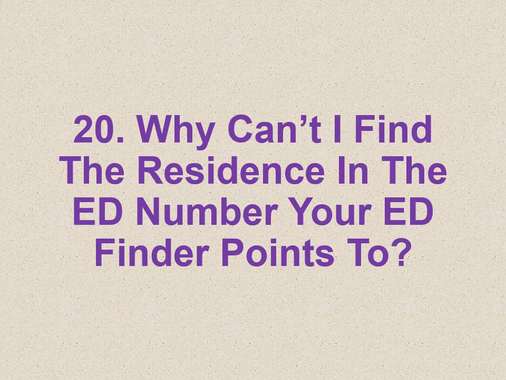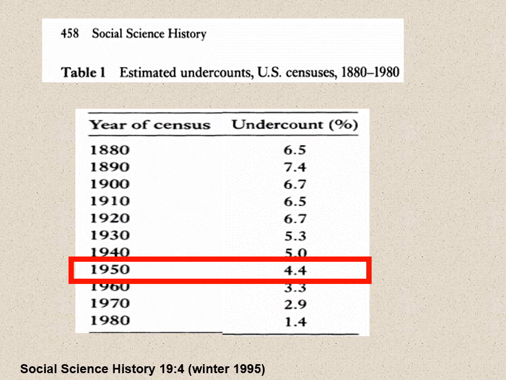And finally, the last FAQ I want to show you is: why can't I find the residence in the ED number your ED finder points to? Well, first of all, not everybody was counted in 1950. There are estimates of the undercount, the people who were missed.